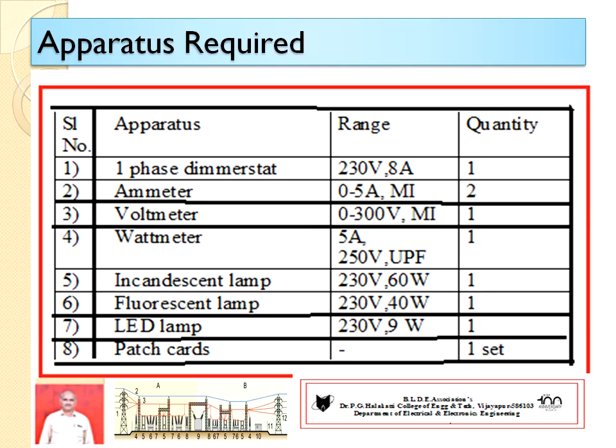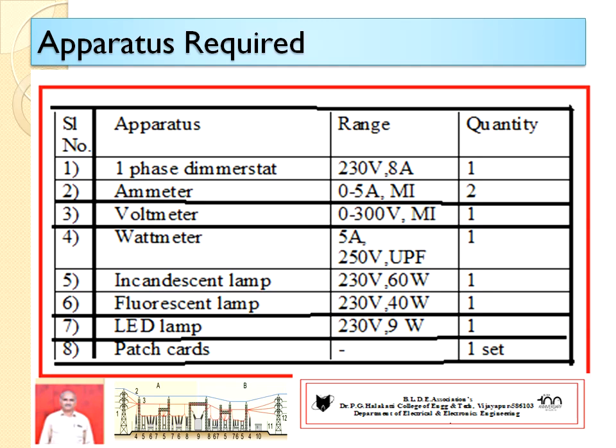Two ammeters are required. Voltmeter, 0 to 300 volts, 1 voltmeter, again moving iron type. Wattmeter, you write the rating: 5 ampere, 250 volts, unity power factor, UPF, 1 wattmeter is sufficient.